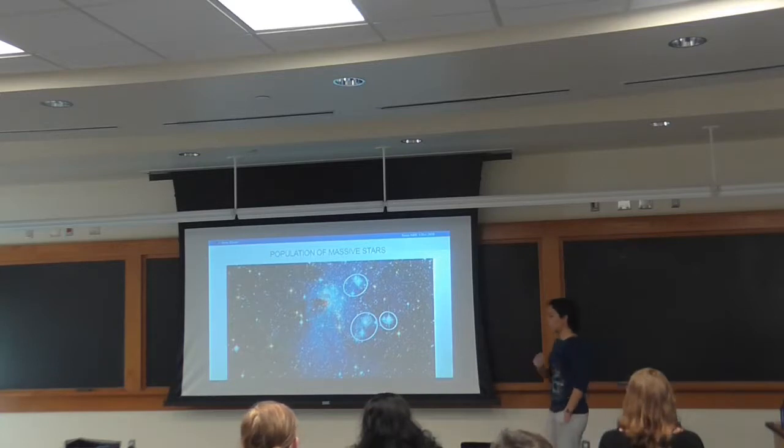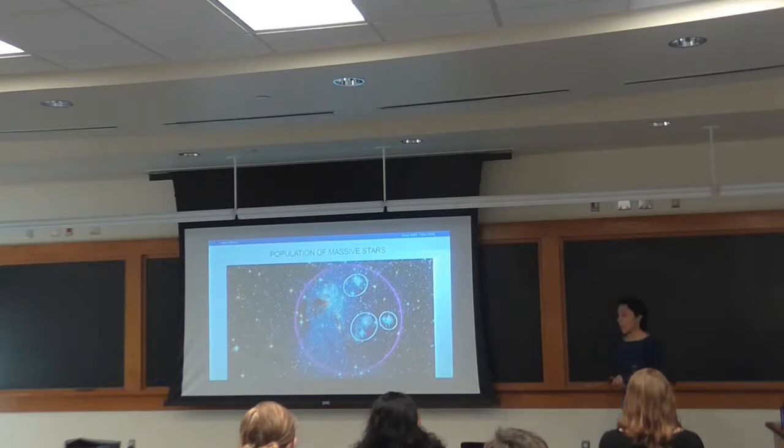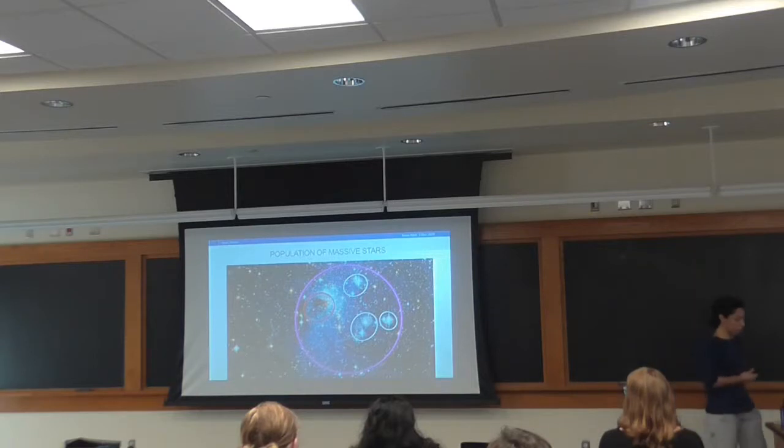So the integrated light that we get from galaxies is dominated by the light emitted from the most massive stars and the ionized gas around them, as well as the reprocessed UV and optical light that comes from the dust particles at longer infrared wavelengths.